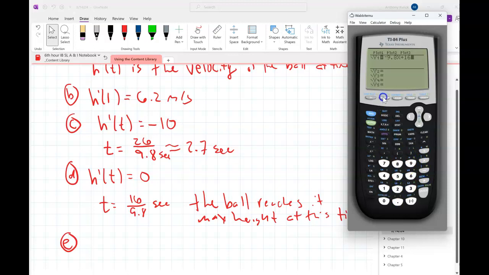And then this is really just going to be from 0 to 26 over 9.8, right? Because once the, oh no, that's not what I want. We don't know what it's going to be. I'm just going to put a 5 there or something.